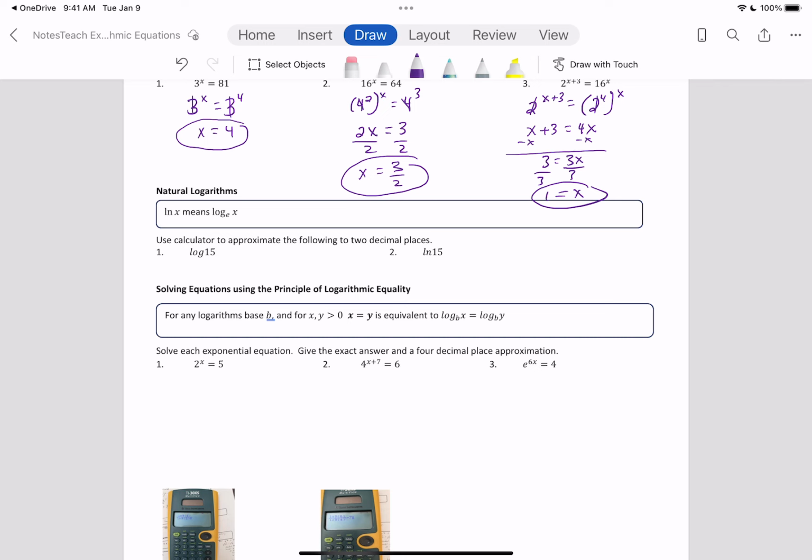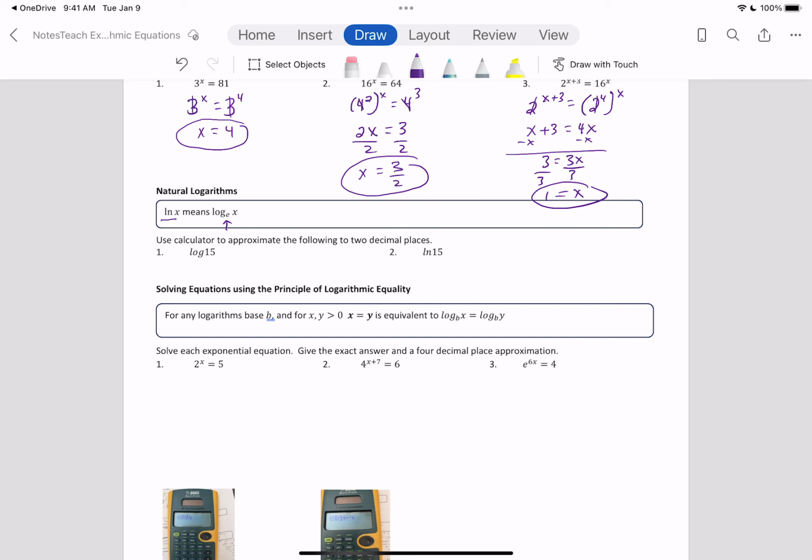So I've told you before that your calculator only does log base 10, or what we would talk about later, and this one is it, the natural log. You'll also find a button on your calculator that says ln of x. So ln of x has an implied base of e.